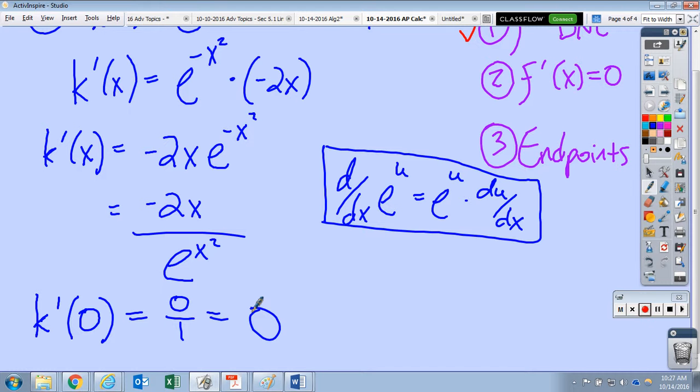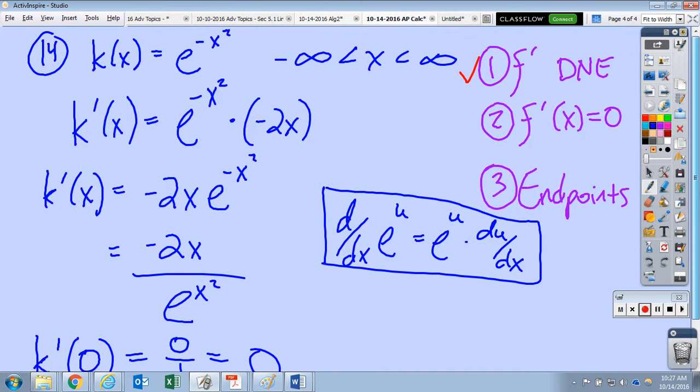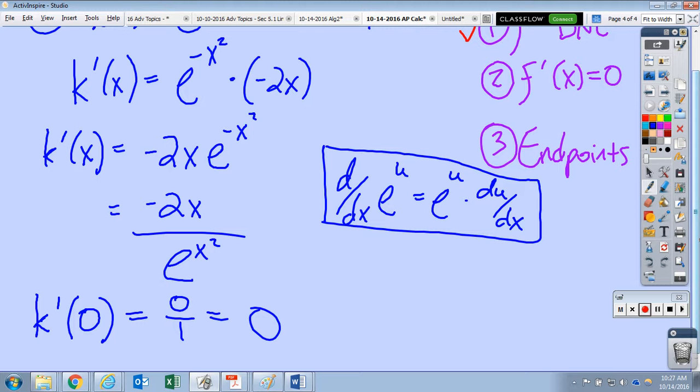To know the value of this local extrema, you need to plug it back into the original function. Be careful there: the value of the function is the original function. We did this just to see where k prime of x equals 0, which occurs at x equals 0.